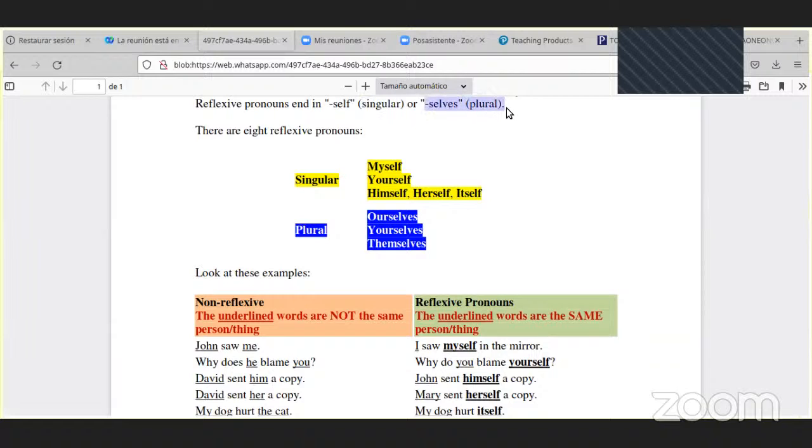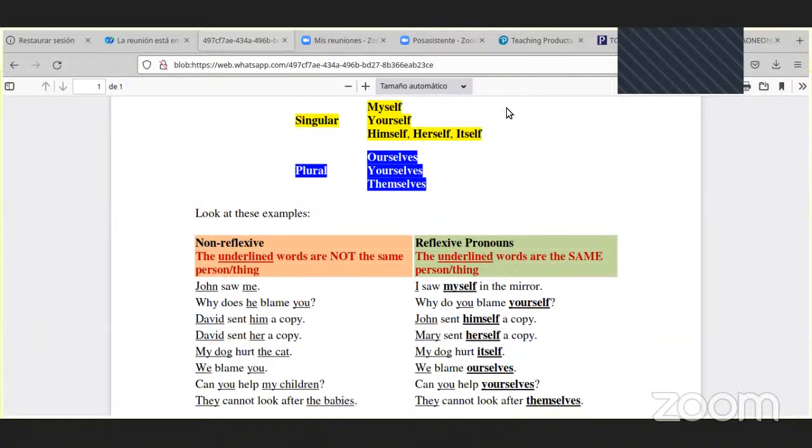We have the singular reflexive pronouns: myself, which comes from I, yourself comes from you, himself, herself, itself, from he, from she, from it.